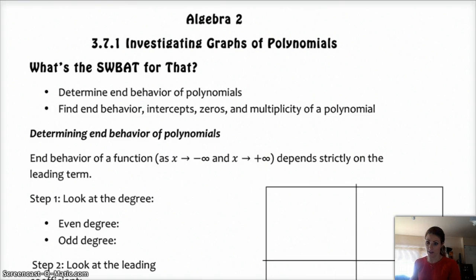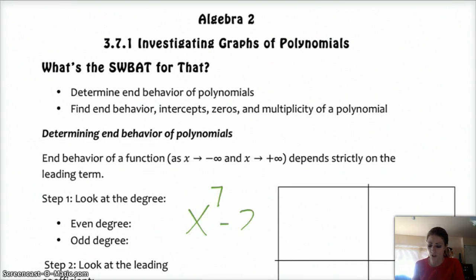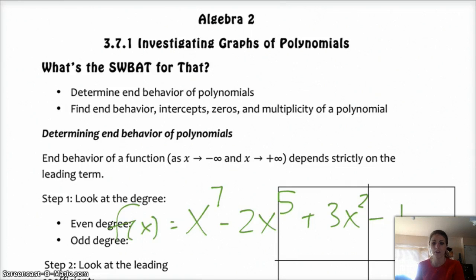Because in the long run, if I have an x to the 7th minus 2x to the 5th plus 3x squared minus 1, and that's my function f of x, as x gets really, really big, or really, really negative, the term that's going to dominate is the leading term, this x to the 7th.